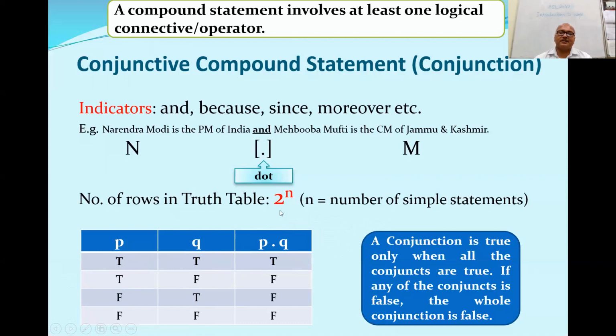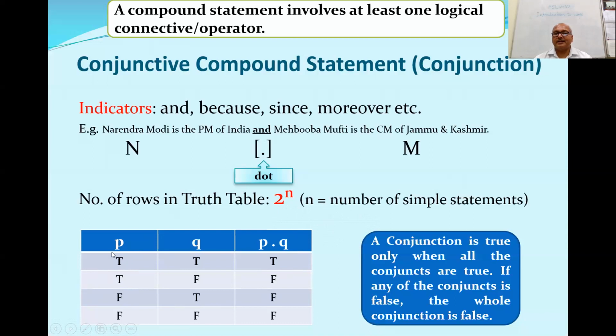Suppose there were 3 statements in this conjunction. What would be the total number of possibilities with regard to their truth value? It would be 2 to the power 3, and that will become 8. Suppose these 3 statements were P, Q, R. So 8 by 2, we got 4.